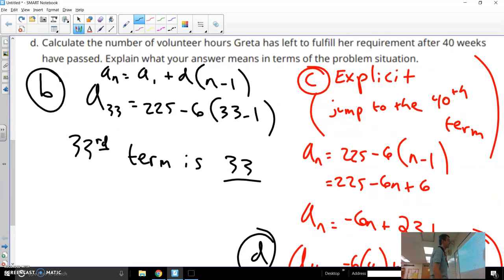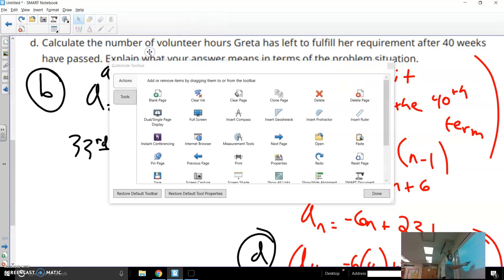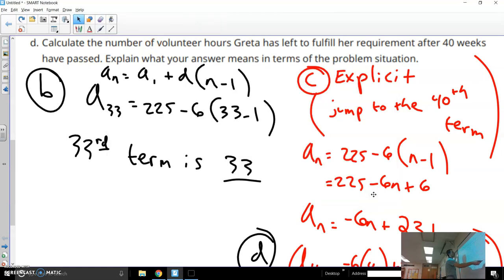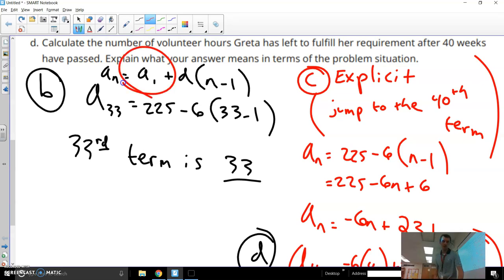So I'm going to step down for a second for part B. It basically says, what is the first term? That's this a sub 1 idea. The first number is 225. What is the common difference? The common difference for that problem is -6, going down 6 hours every time she volunteers.